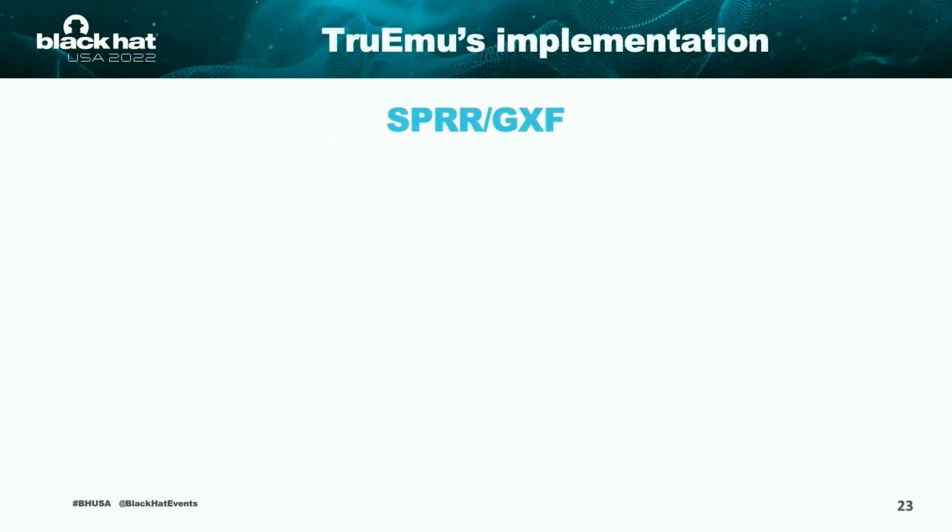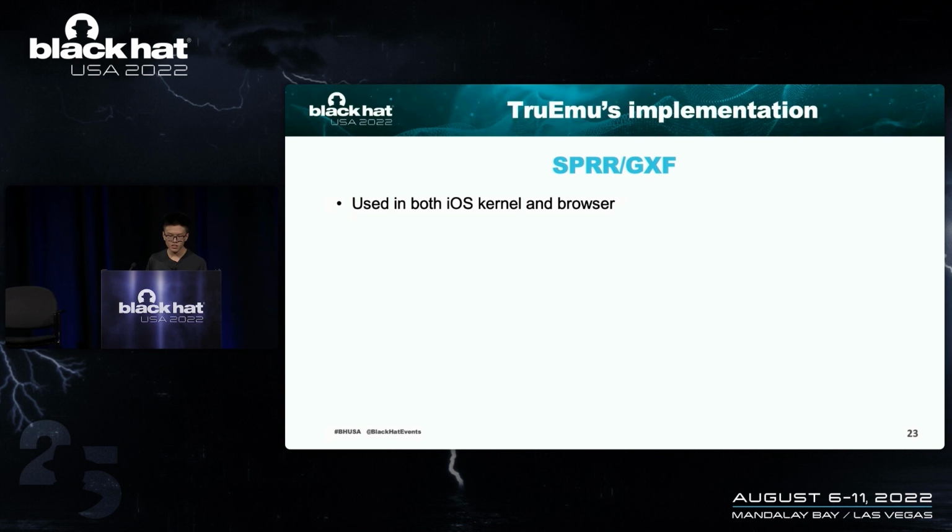Next is a really interesting CPU feature, a very custom one by Apple. It's called SPRR and GXF. This is used in both the iOS kernel and also in the userland browser. It's basically a custom privilege level created by Apple.